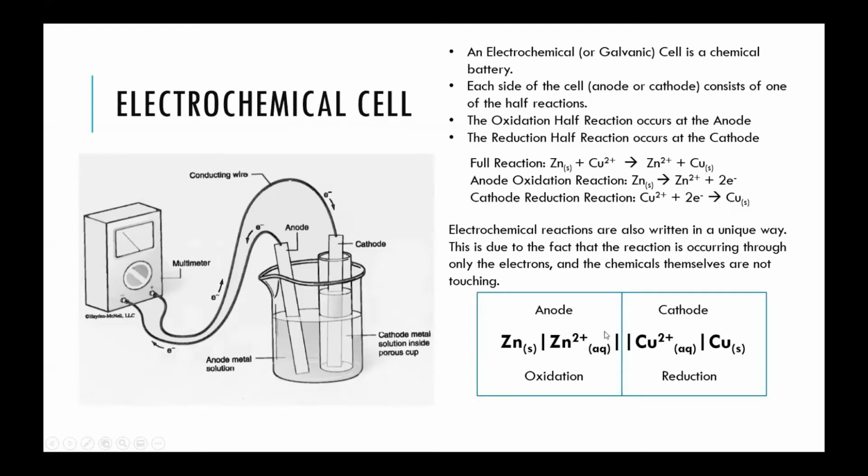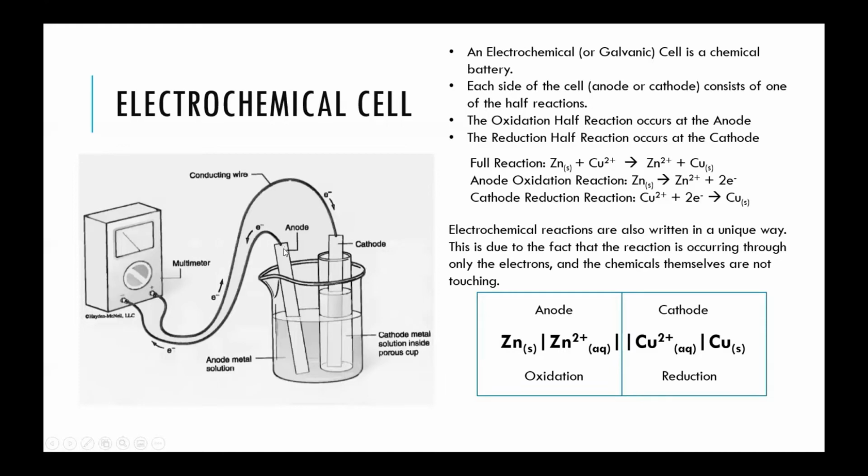So in our simple setup of zinc and copper, the anode, this piece right here, would be made of pure zinc, and the solution that it's sitting in would be a solution of zinc ions. So zinc chloride, zinc sulfate, zinc nitrate, something like that. And it will be connected with a wire.